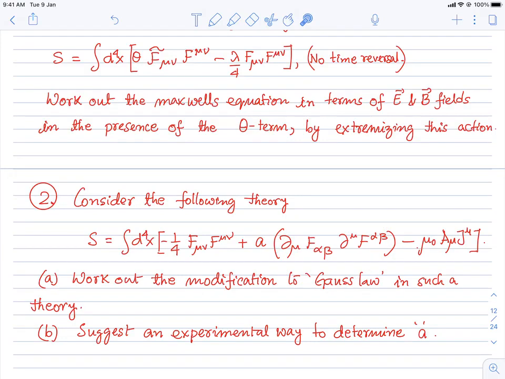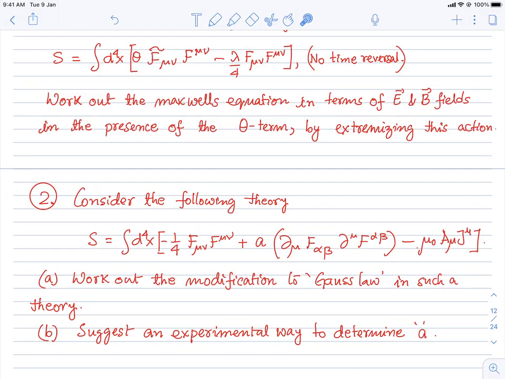There are other terms like this that will be allowed also, but I want you to pick an example of a higher derivative term, and work out Maxwell's equations from there, and in particular see how this term affects the Gauss law. That's the equation I want you to focus on and study.